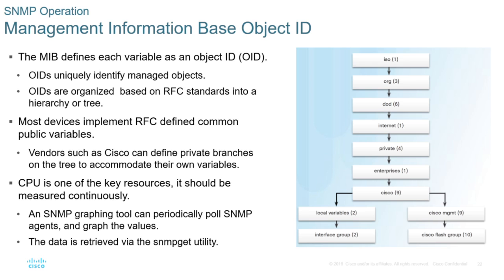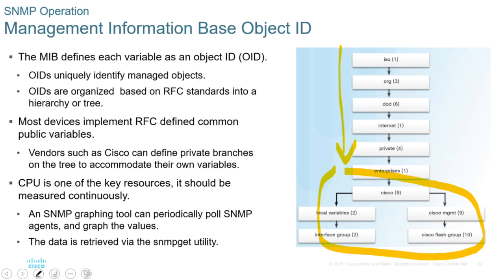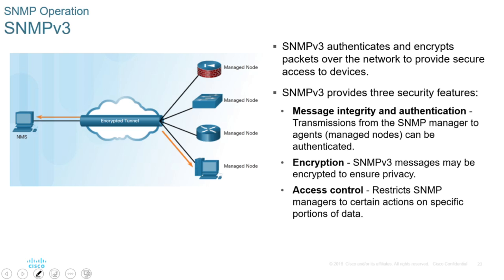So there is a standard set of variables that can be available in the MIB. Then in addition to that, there could be other proprietary or vendor specific variables as well.